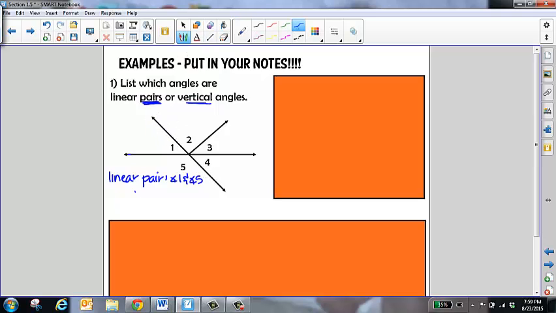Now for vertical angles, we know that we need to have two intersecting lines. Okay? So if we look at kind of this guy here, this is just a ray. Okay? It's not a line. So we can't include this when we're looking for vertical angles. Our two intersecting lines are this line here and then this line here.